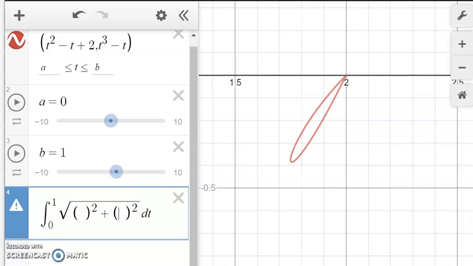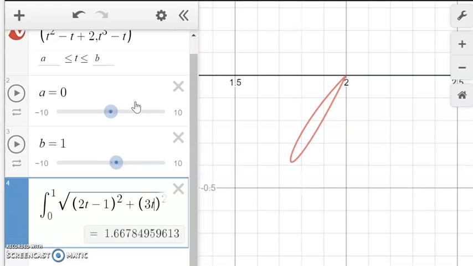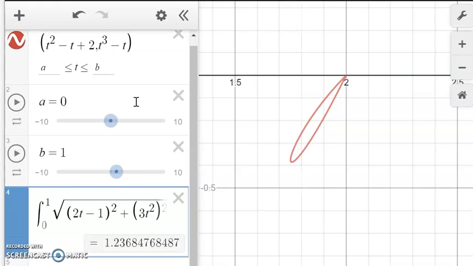What were those somethings? Well, they're the derivatives of what's on the top here, right? This was just 2t minus 1, 2t minus 1. And this was just 3t squared minus 1. 3t squared minus 1. And there we've got our answer.